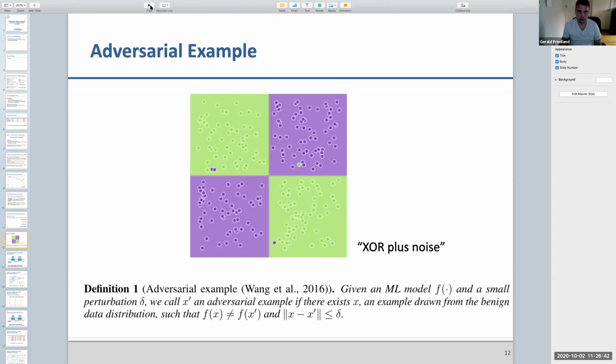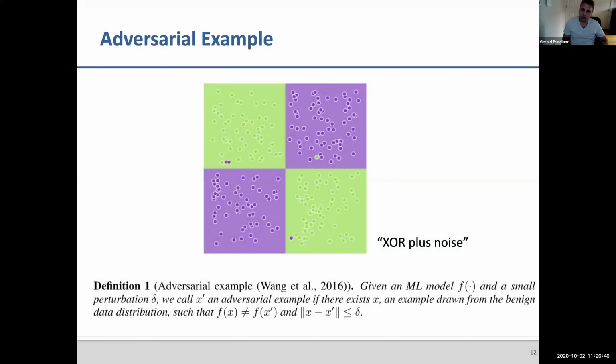Okay, let me go back to the presentation. So now you can take the definition that I just gave you on generalization and create the contradiction.